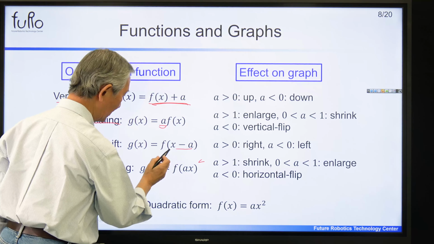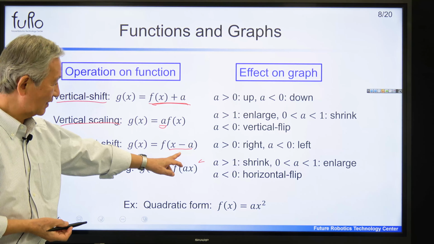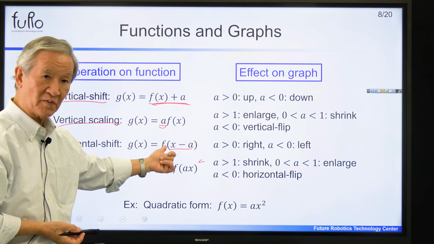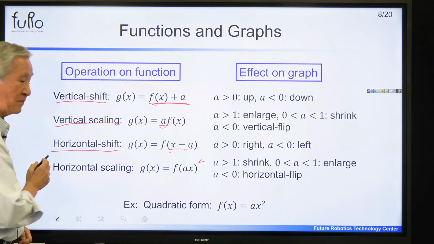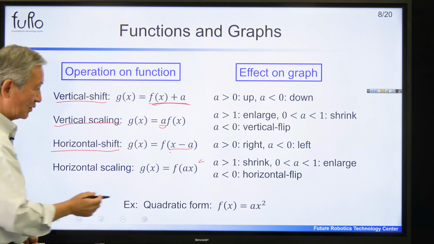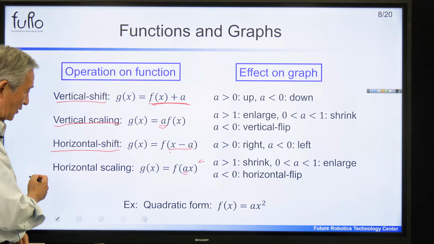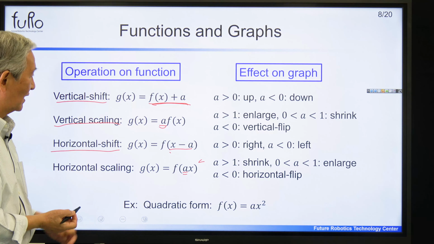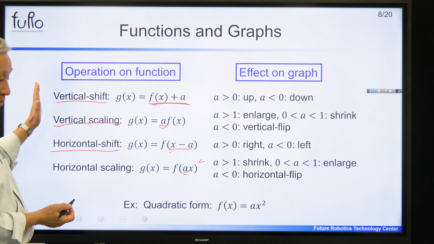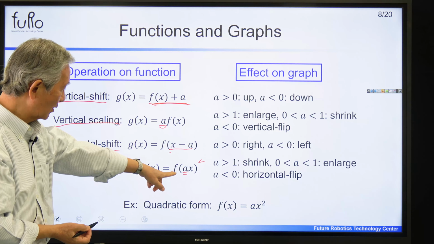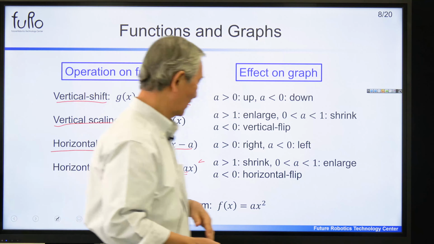And this one here, if you subtract a number from the variable, it will shift horizontally. If you multiply a number to the variable, that's horizontal scaling. So if you add or multiply to the function itself, that's vertical. If you subtract or multiply to the variable, that's horizontal.